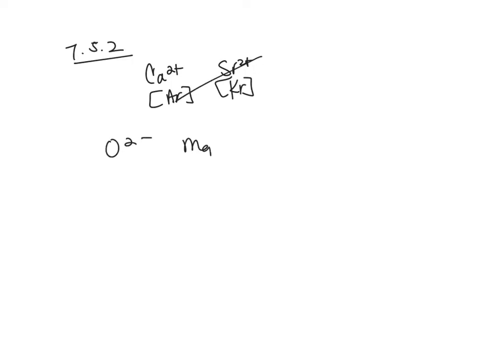O2- and magnesium 2+. Well, if you add 2 spaces on the periodic table from oxygen, you get neon. And then if you go to magnesium and you go back 2, you go to neon. So those are isoelectronic. So B is a correct answer.